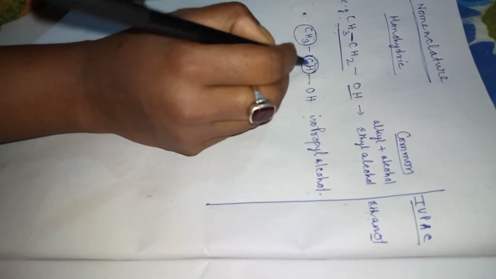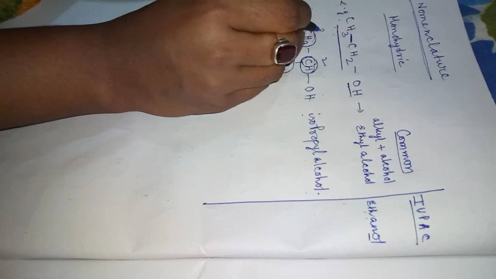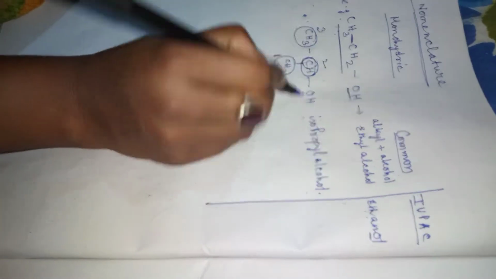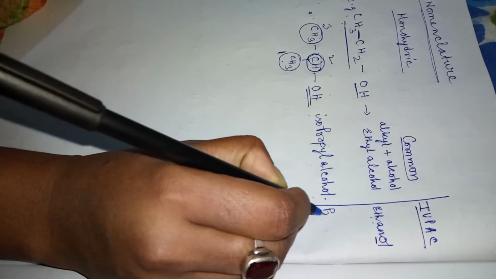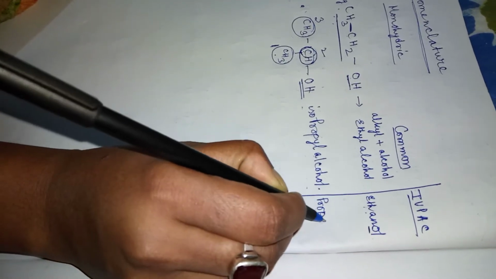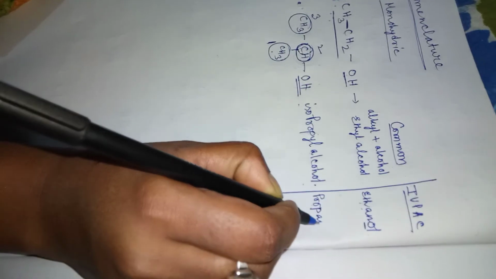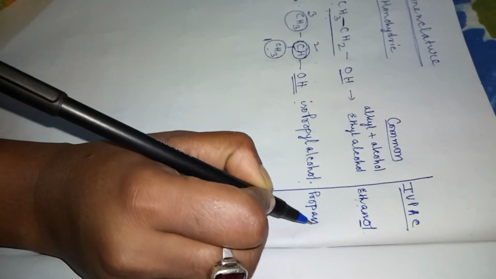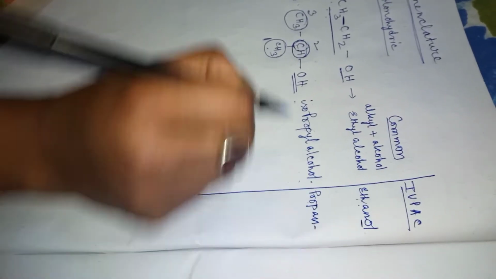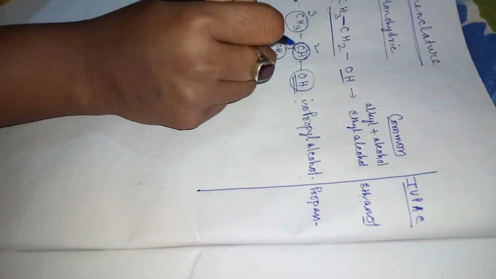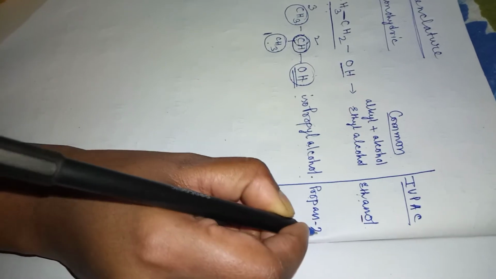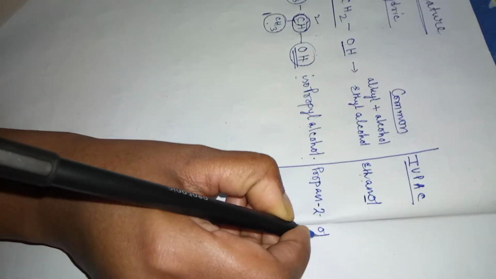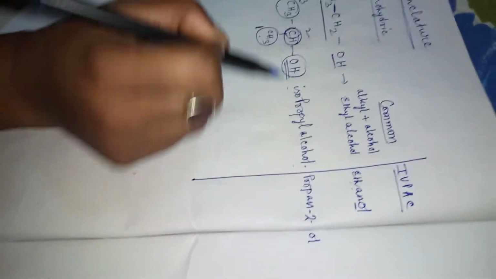So if this is carbon 1, then carbon 2, then carbon 3, and the second carbon contains the functional group OH, so first of all it is propane. The last e we will not write. Then what is the position of the functional group? The second carbon contains the functional group, so we mention that position: propan-2-ol. Am I clear? So it is propan-2-ol.